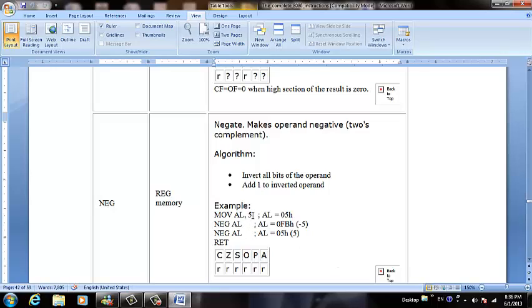Negate AL, AL is loaded with 5, and that will give you minus 5. So negate will give you the negative value of the contents of the register.